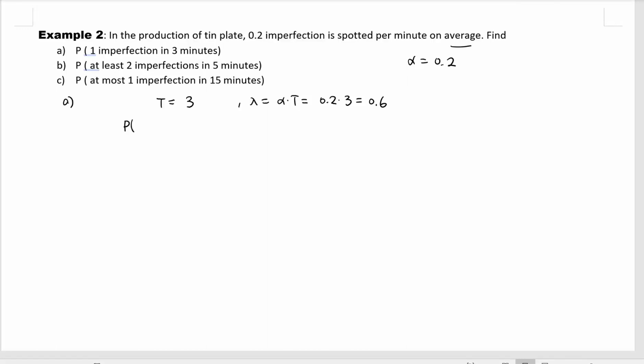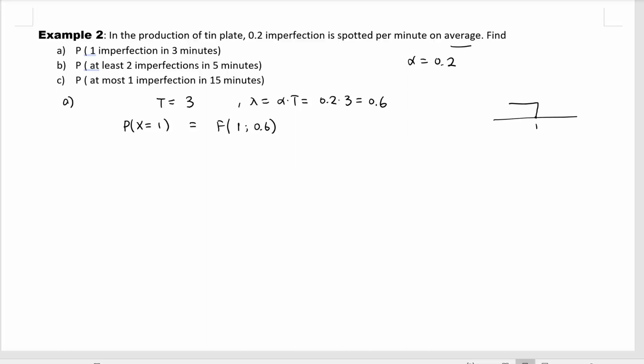And we are looking for one imperfection in 3 minutes. Okay, so what is P(X = 1)? Is actually F(x) less than or equal to 1. What does the Poisson distribution start with?